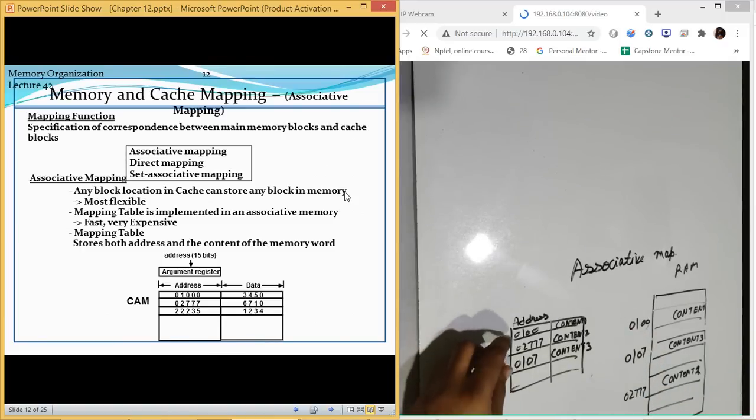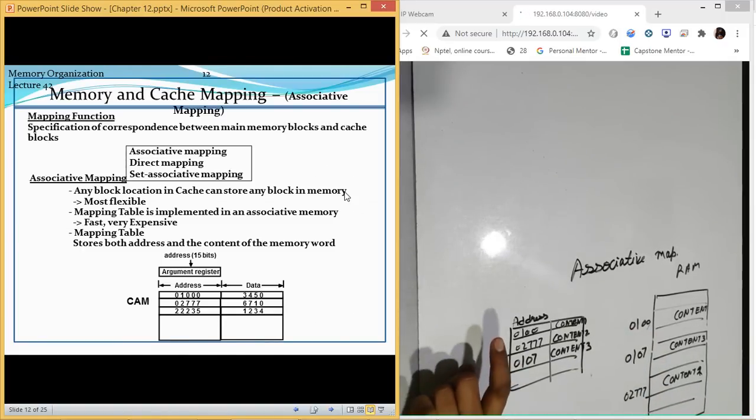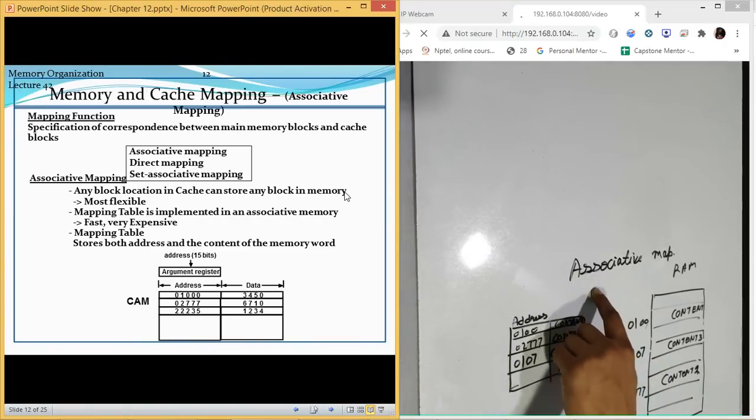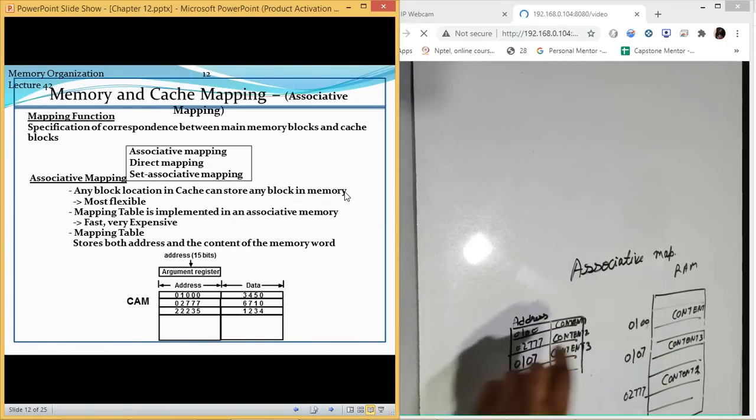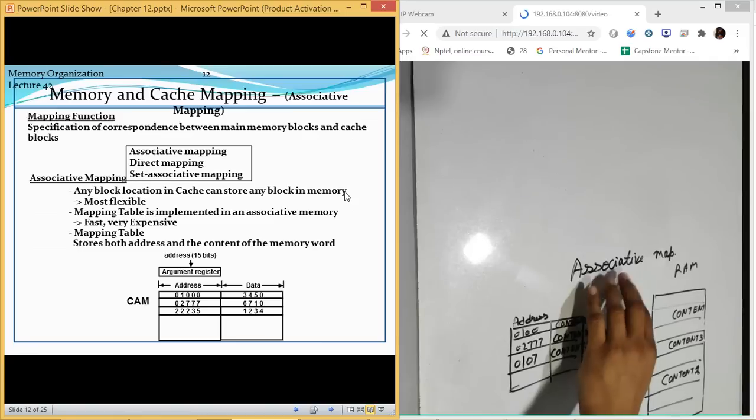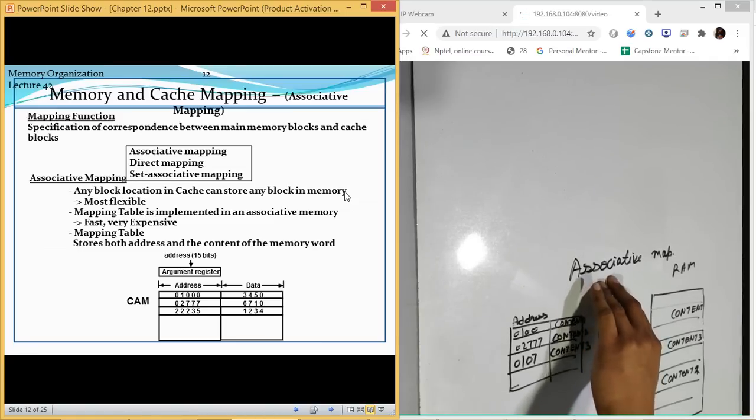We can store any address at any place, so that is why it is known as associative memory. Whenever we are searching, the search will be done according to the addresses we have stored, but there is no specific location to store a particular address. So this is associative memory mapping.